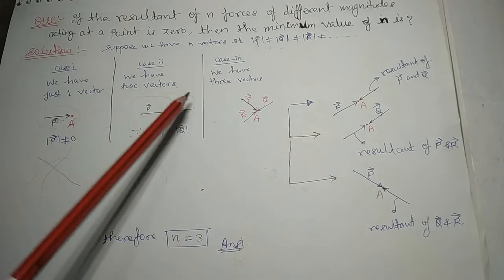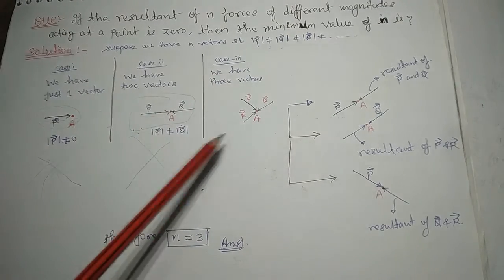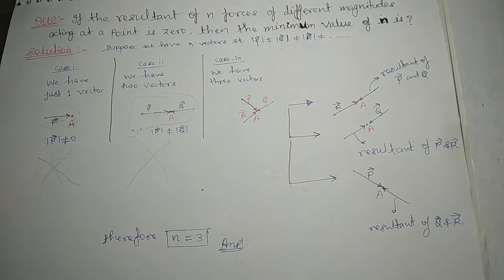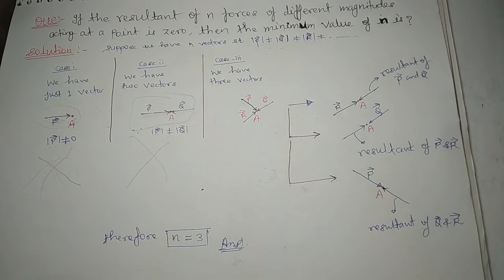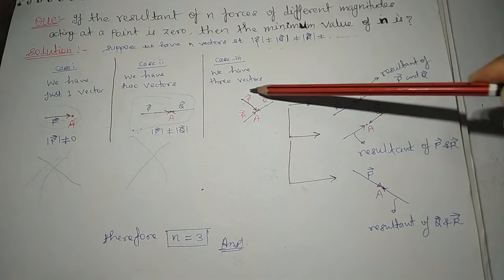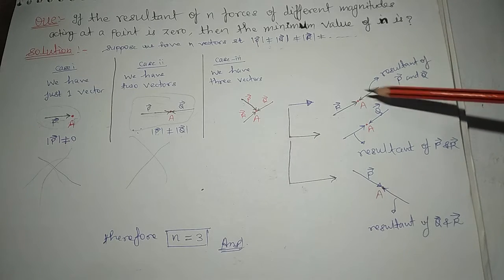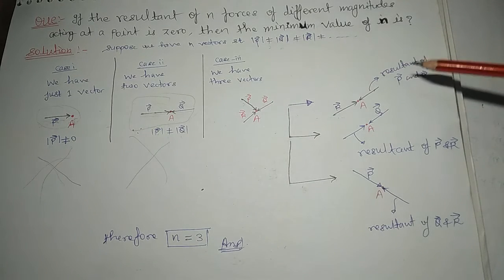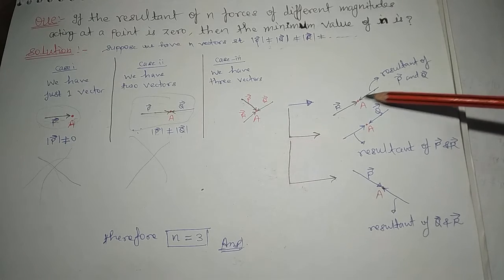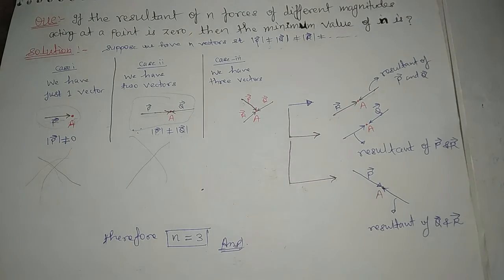Consider case 3, where we have three vectors, vector p, vector q, and vector r. Here a situation may arise that the resultant of p and q will be equal and opposite to vector r, that means force r.